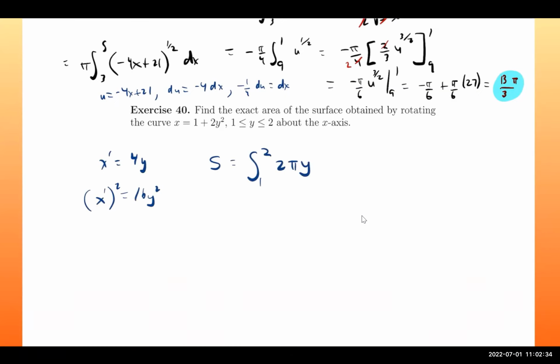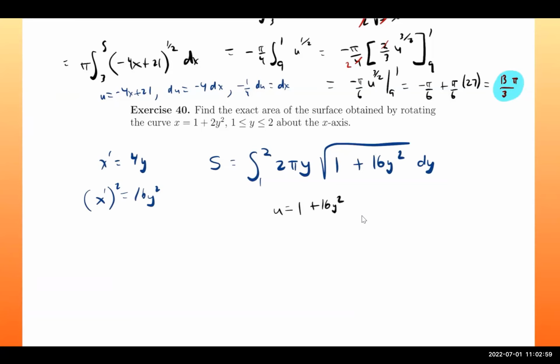So that's going to be 2 pi y times the square root of 1 plus the derivative squared, and this is with respect to y now. What can we do to simplify? Well, for this you don't really need to simplify. You can't.